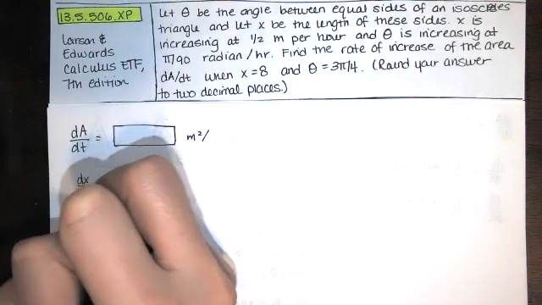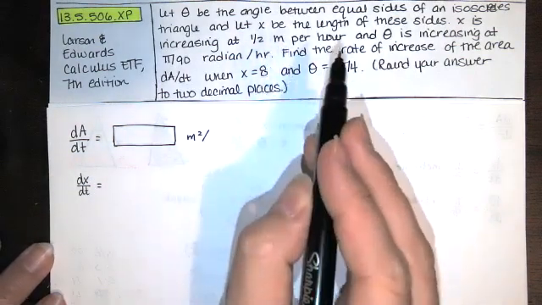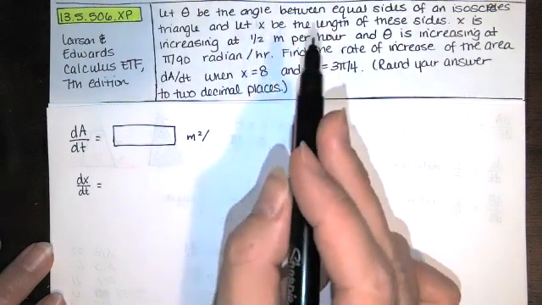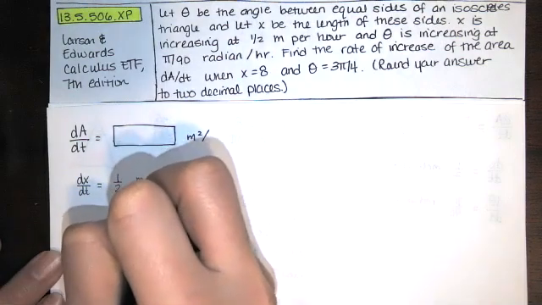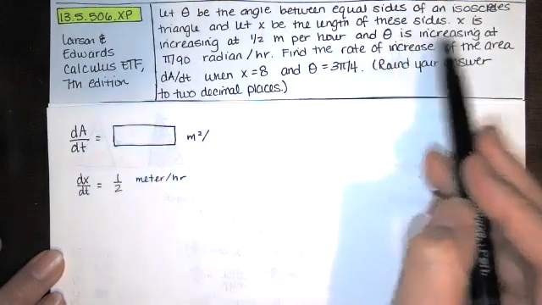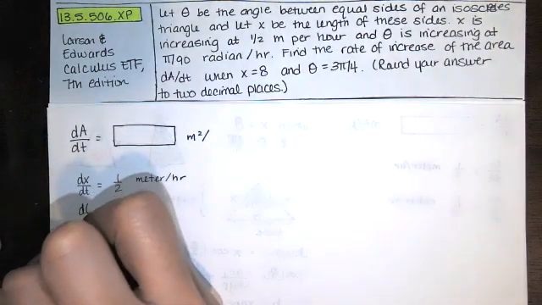As soon as they said rate, I'm thinking derivative. And when I see those units, a meter per hour, that is a change in length per unit time. So that's dx/dt, and we're told that was 1/2. And then here we have theta is increasing at pi/90 radians per hour.